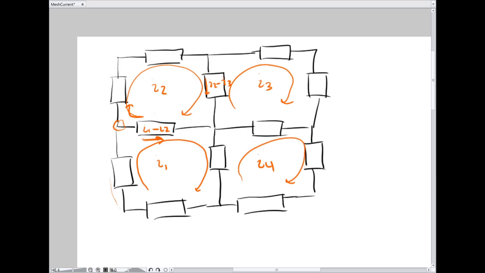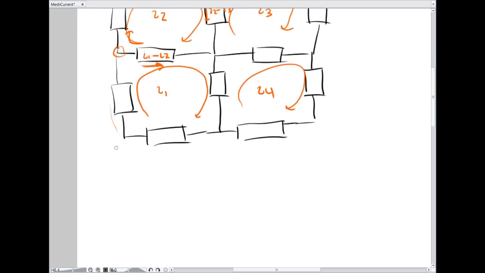So very analogously to node voltage, just as in node voltage we write down node equations where we write down Kirchhoff's current law in terms of node voltages, here we write down mesh equations, which are Kirchhoff's voltage law in terms of the mesh currents.